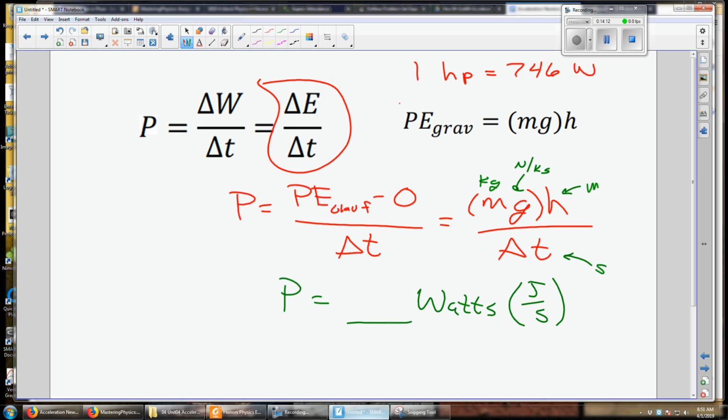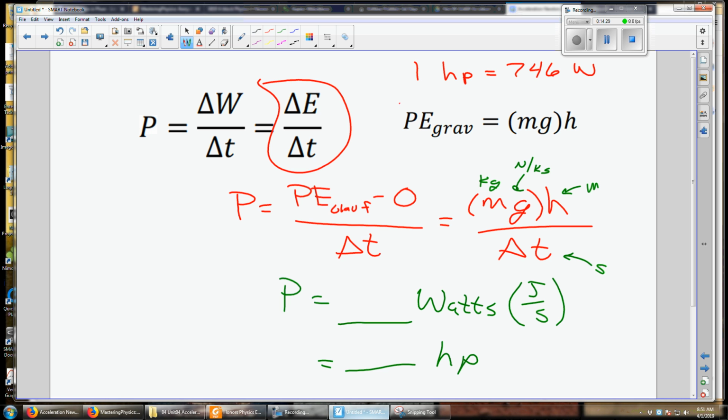And then all I'll need to do is convert it from watts to horsepower. So then I'll just need to do that little conversion and get it in horsepower.